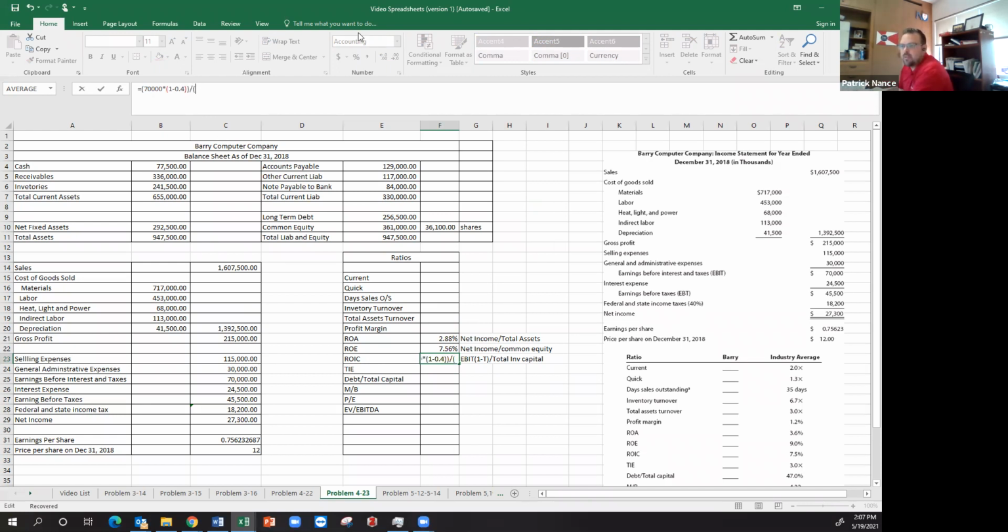The total invested capital is going to be the common equity plus any debt, both long and short term. So that should come out to 0.06, 5.99%. So that is how much I'm returning on my invested capital.